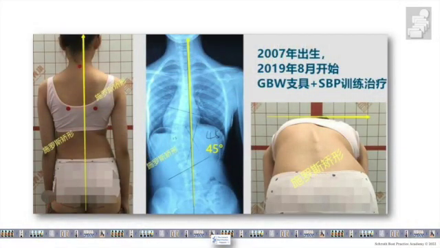I would like to conclude my lecture with the results of a patient from China treated by my friend Na Xianfeng with a thoracolumbar curve exceeding 40 degrees. The treatment consisted of brace treatment using a Gensingen short brace and of the application of the Schroth Best Practice physiotherapy program.